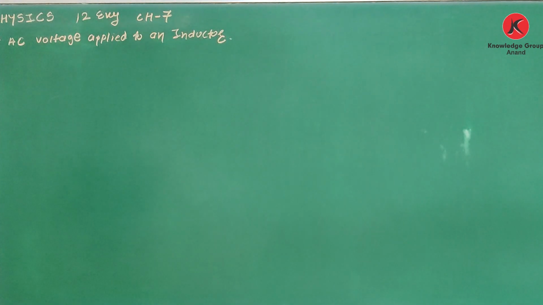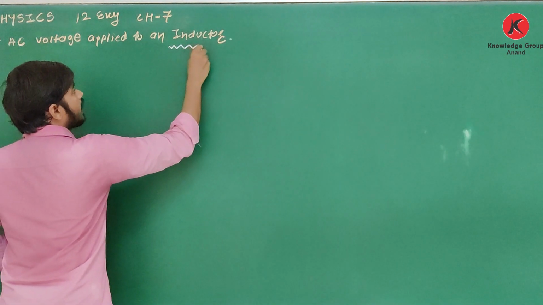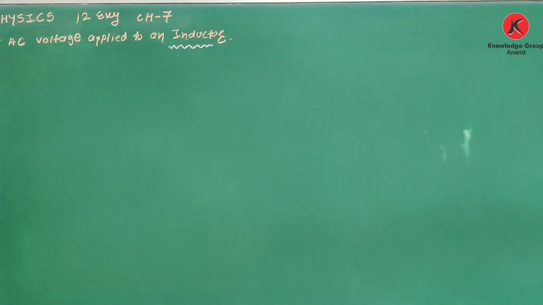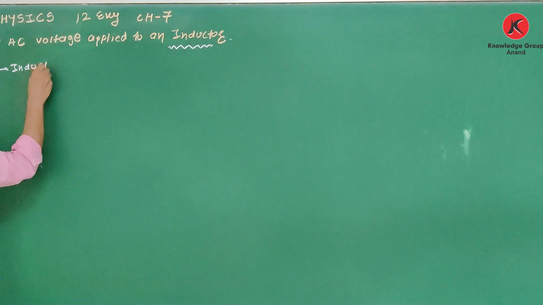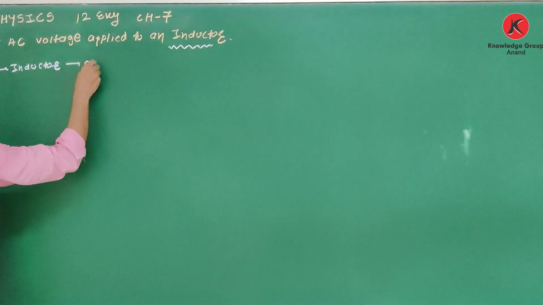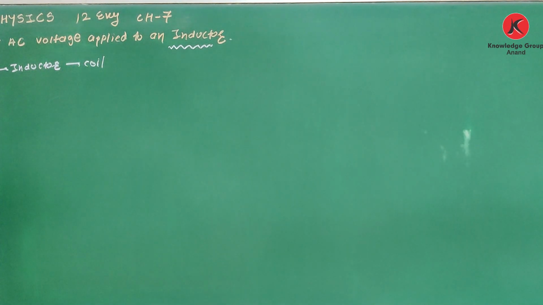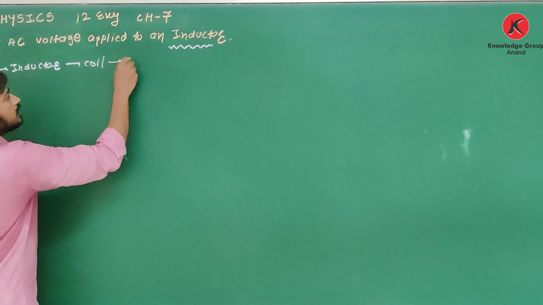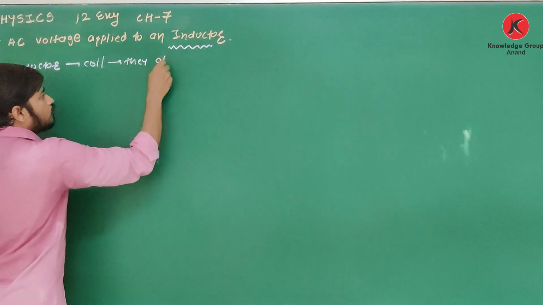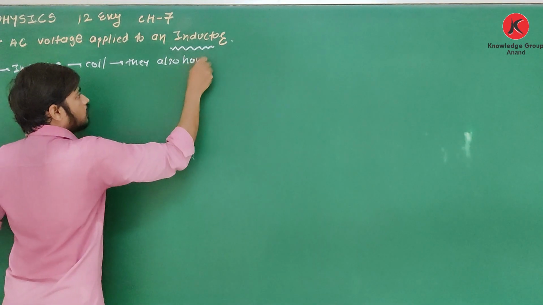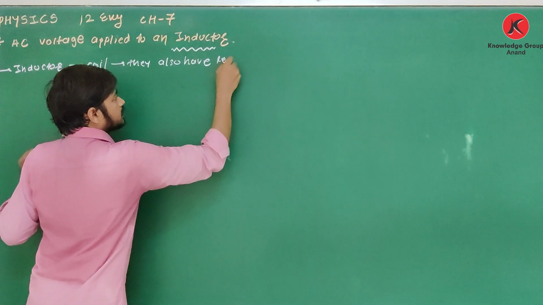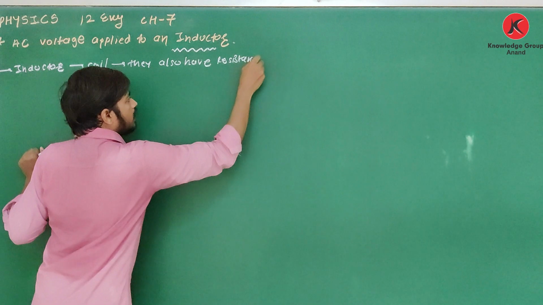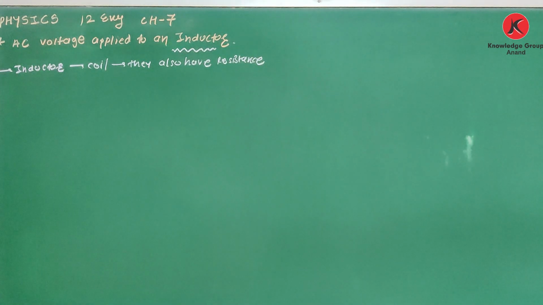Here in this lecture we will see AC voltage applied to an inductor. Inductor means it is a coil, winding, and each and every inductor also has resistance.